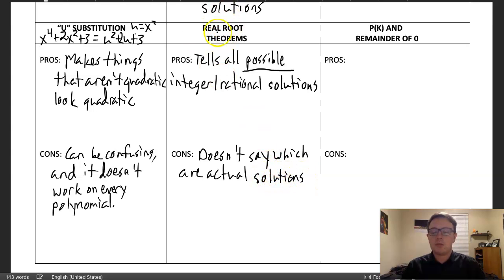Remember, the rational root theorem is where we take the factors of the constant and we divide it by factors of the coefficient. So this is the one where we have factors of the constant divided by factors of coefficients. The other issue we have with this is it tells us about the integer or rational solutions. It doesn't tell us anything about the imaginary or irrational solutions.